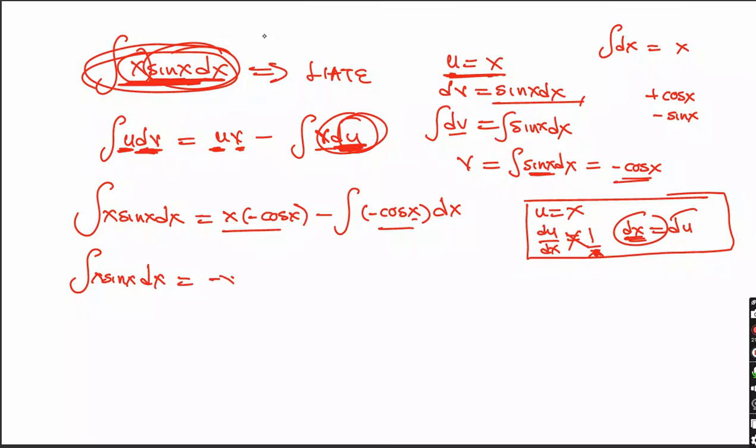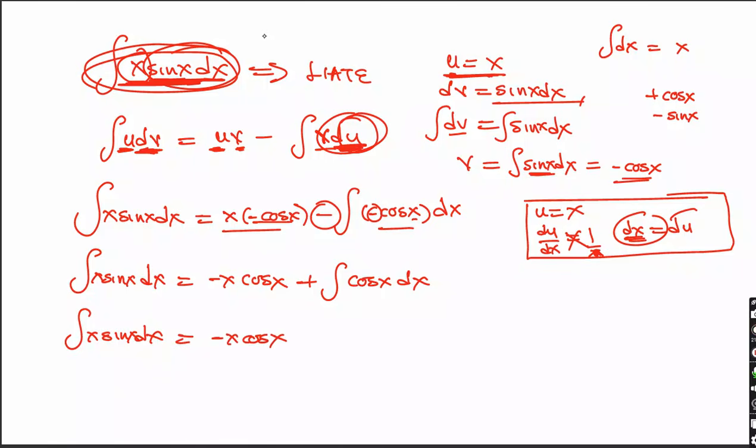It's just going to be equal to negative x cos x, because we have a negative there, and this negative and this negative are going to give us positive, so we're going to have positive the integral of cos x dx. You can go ahead and say the integral of x sine x dx is going to be equal to negative x cos x plus the integral of cos x.